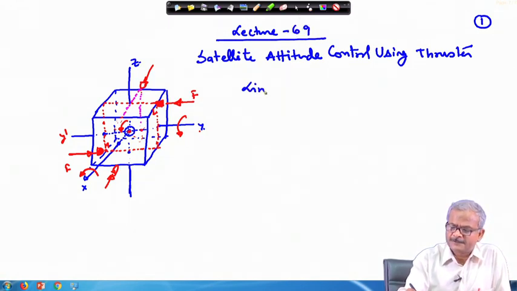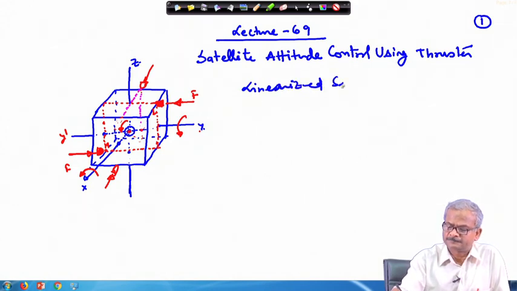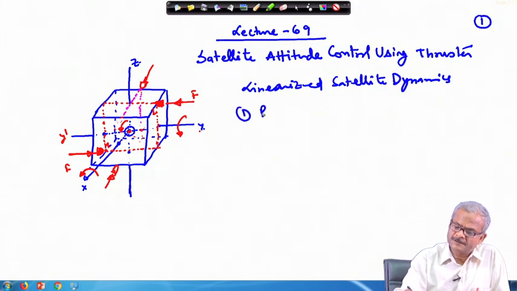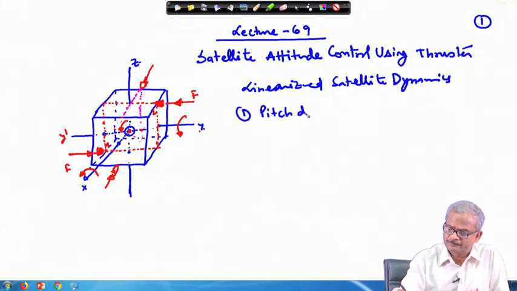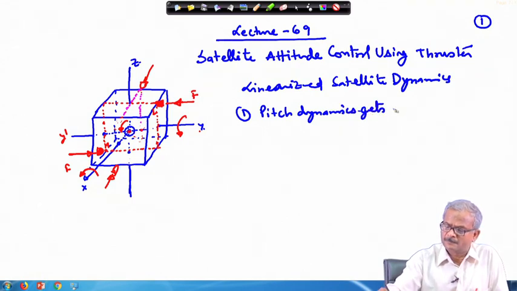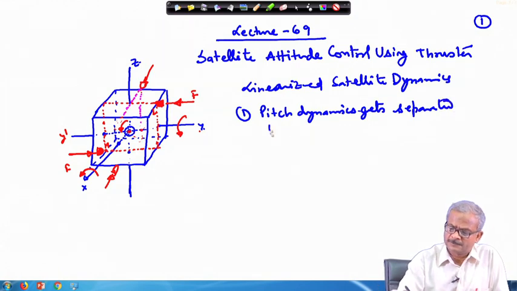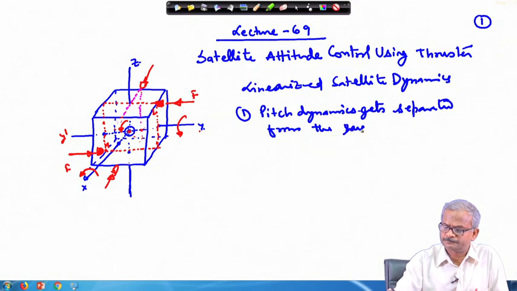For linearized satellite dynamics, your pitch dynamics gets separated from the yaw and roll.